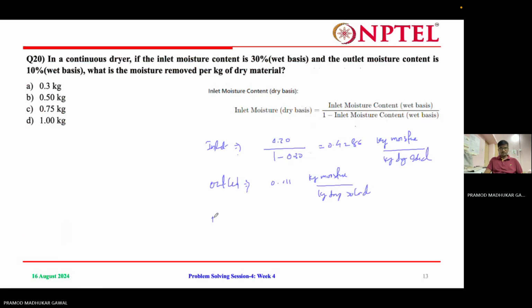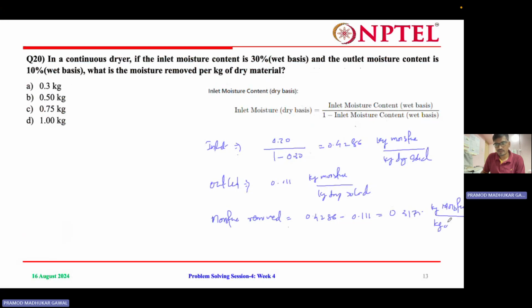Moisture removed is equal to 0.4286 minus 0.111, which equals 0.3175. The unit is the same, kg moisture divided by kg dry solid. So option E is the correct one.